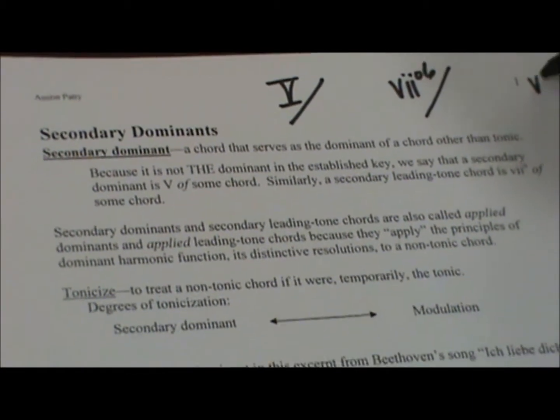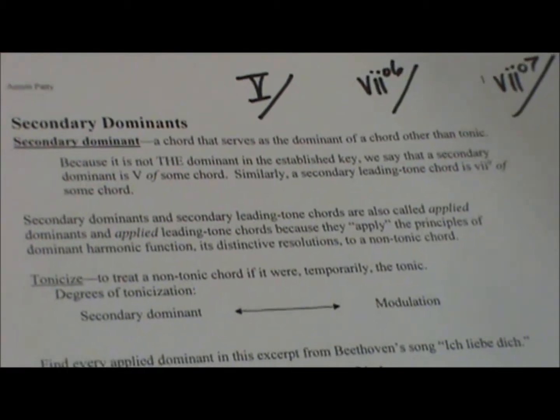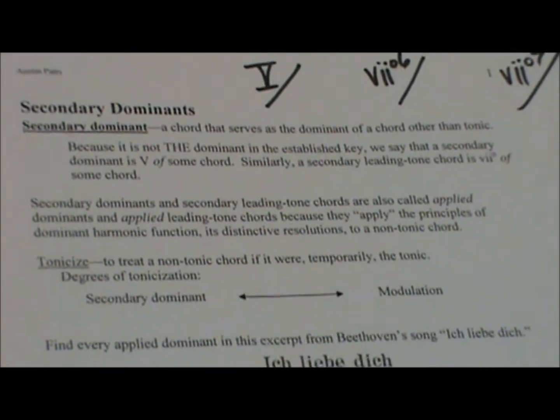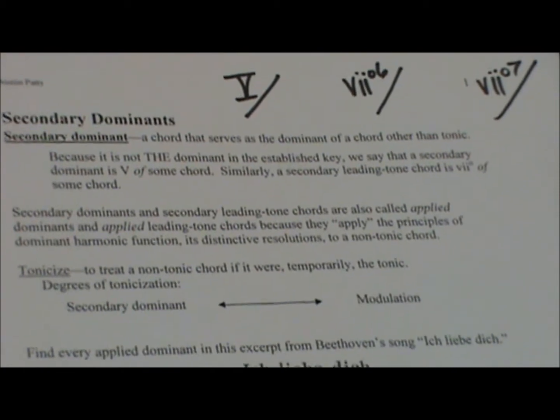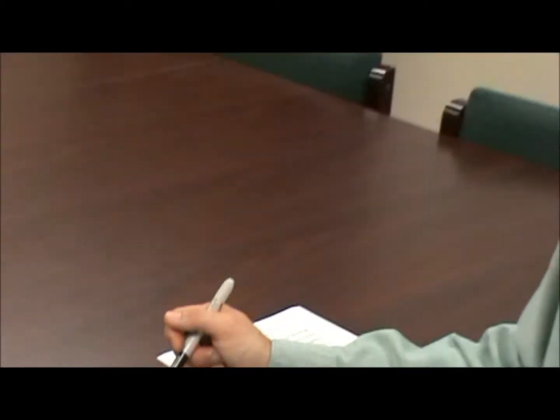Now that might be vii diminished 7 of something, but it can't usually be just vii diminished, because diminished chords don't happen in root position. It is interesting, though, that once in a while you'll see vii diminished of something. That's really the one exception. So in the main key, you don't want to use vii diminished.